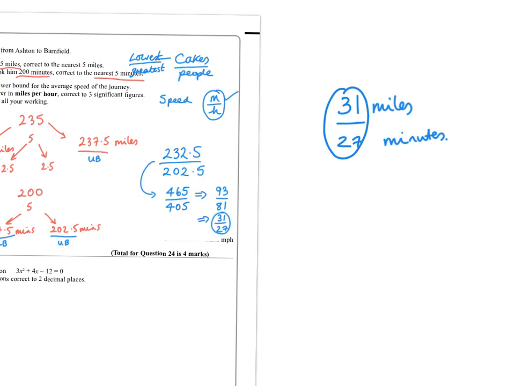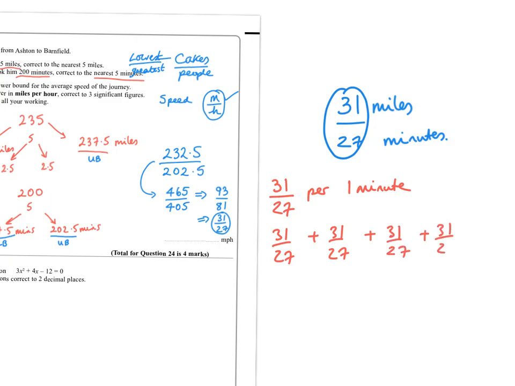Well, one way of helping you think about this is if you've got 31/27 per 1 minute, then that's how much in the first minute, and then that's how much in the second minute, and then the third minute is all of those three added together, and so on, the fourth minute.